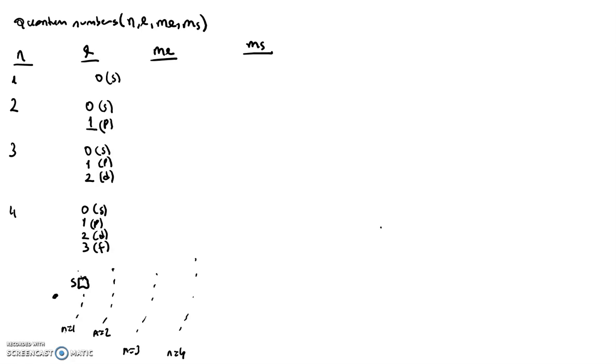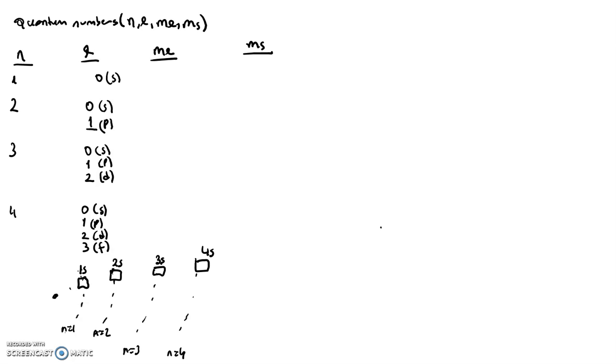On the second shell, I also have S, on the third shell I have S, and on the fourth shell I have S. So I have 1s here, 2s here, 3s here, 4s here. These are sphere-shaped orbitals on every shell: the first, second, third, and fourth shell.